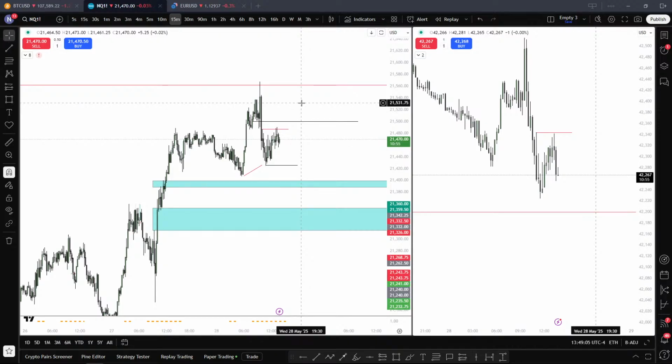So for now, it's just a waiting game. We have 10 minutes till the minutes come out. If I'm being honest, I'm not expecting anything absolutely groundbreaking like it does sometimes, because we do have Nvidia earnings later in the day, just after close.